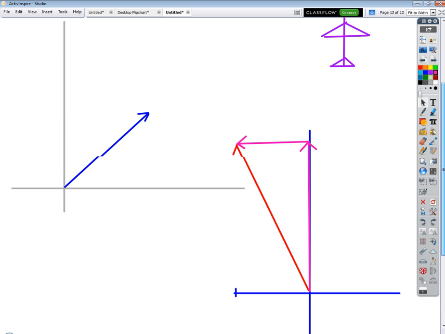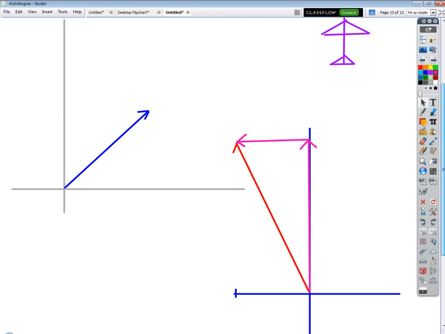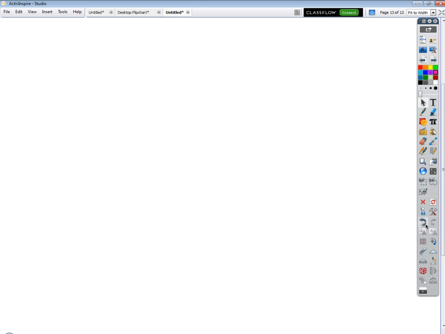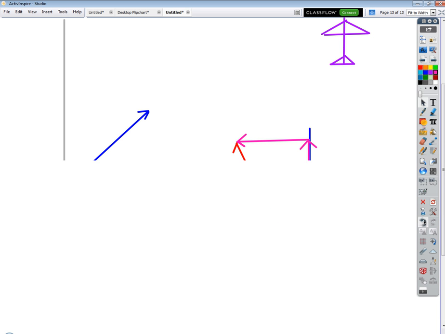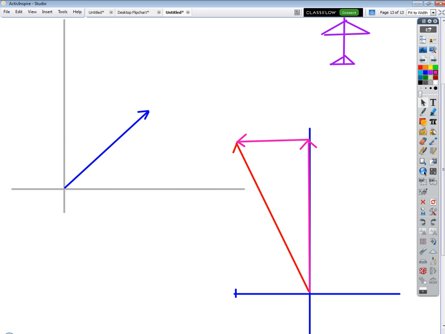Okay, so let's look at it this way. Let's say I didn't draw these to scale at all, but if this is... oh, I don't want to do that. That's bad. Go back. There we go. This board just confounds me sometimes.